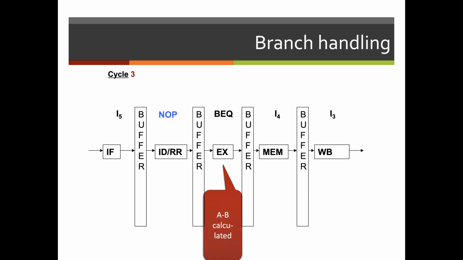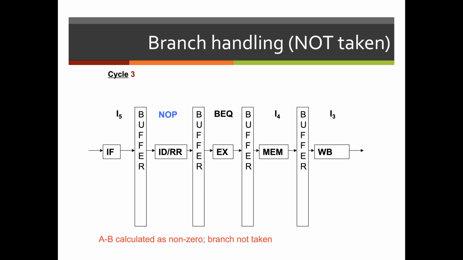Now let's consider our other case, if the branch is not taken. So A minus B is calculated and it's a non-zero value. So our branch is not taken, but we do need to introduce one no-op instruction. The program counter is already pointing to our current sequential path, so we continue down our normal pipeline execution.